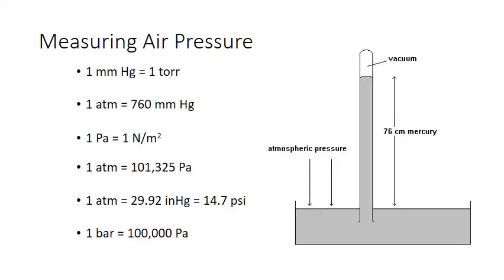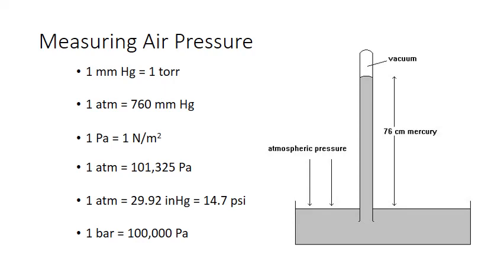Air pressure is commonly measured using a barometer, and this is a picture of a mercury barometer. It's a thin glass tube that's closed at one end and filled with mercury. The tube is then inverted and immersed into an open container of liquid mercury. And the gas in the atmosphere exerts a pressure on the surface of this open container of mercury.